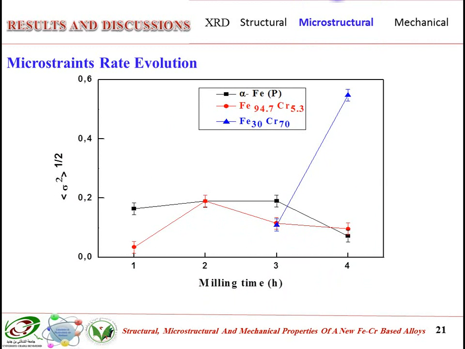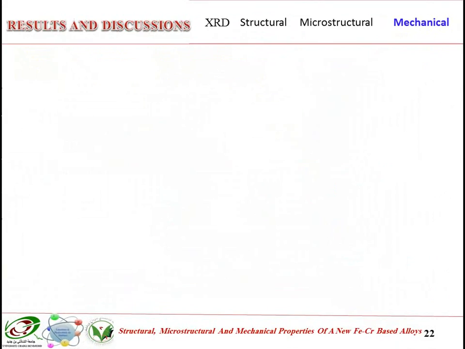The highest microstrain rate is recorded for the iron 30 chromium 70 phase. For the other phases, stability is recorded for this parameter.